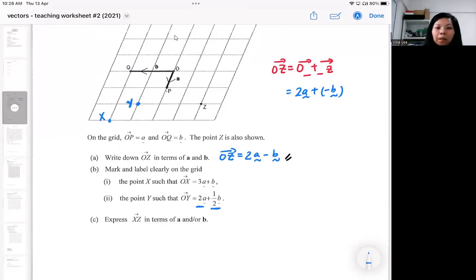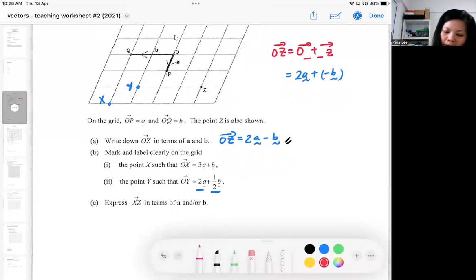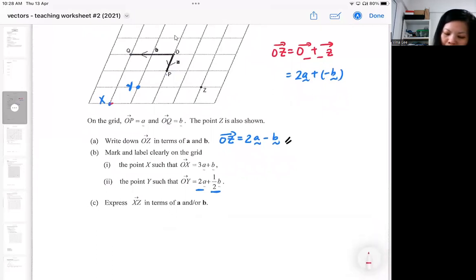Then after that, based on whatever you have, we're going to answer the final part here. So XZ. I need to have this vector. If you look, it will be this and this.